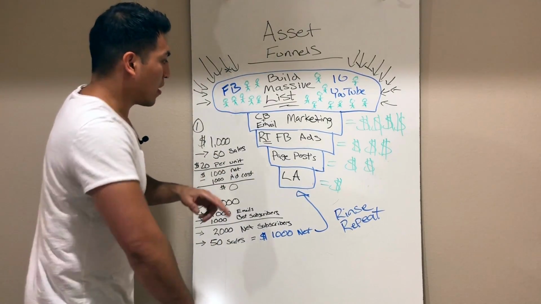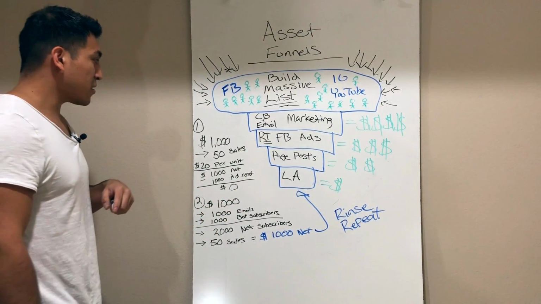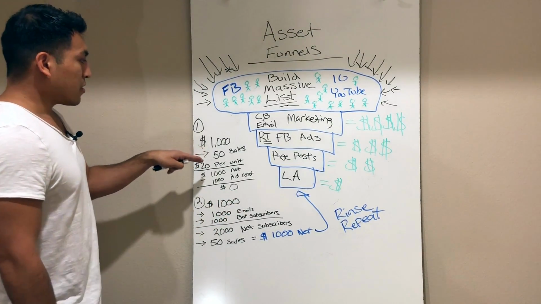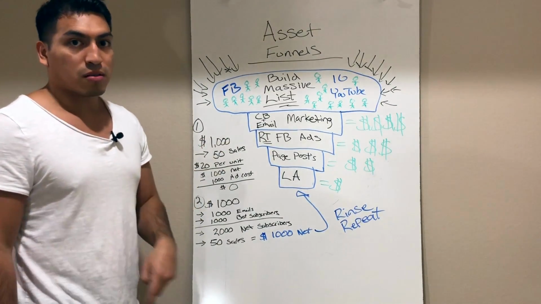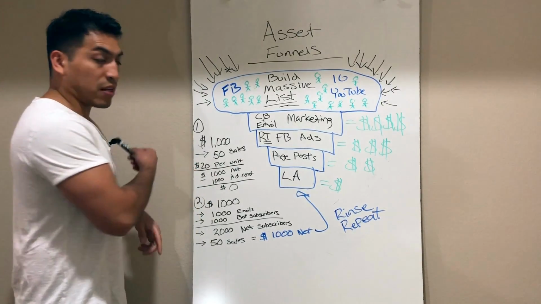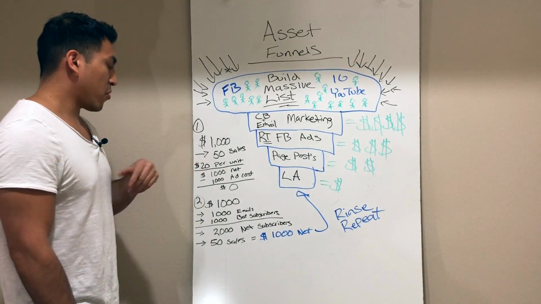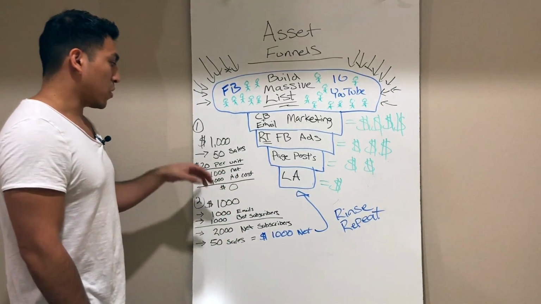And I'm going to show you why this makes sense in concrete numbers. So in scenario 1, let's say ad spend for your Facebook campaign is $1,000. And from $1,000, you make 50 sales, and your profit per unit sold is $20.